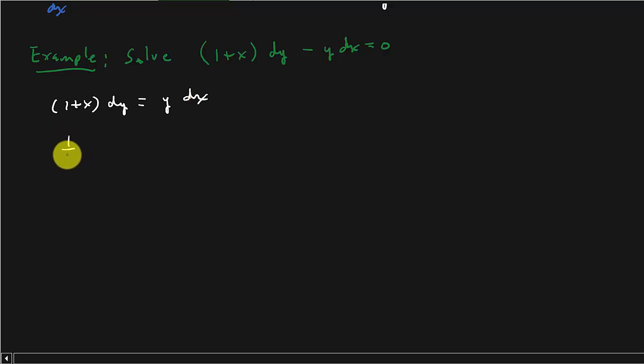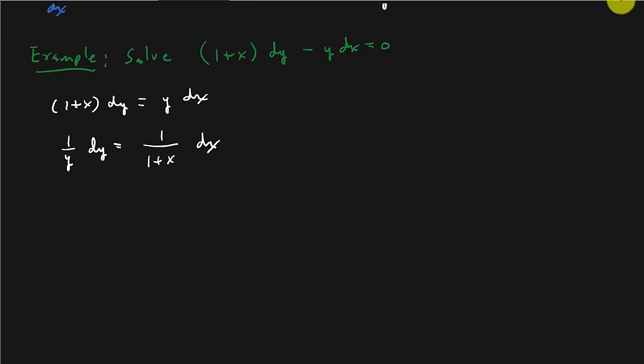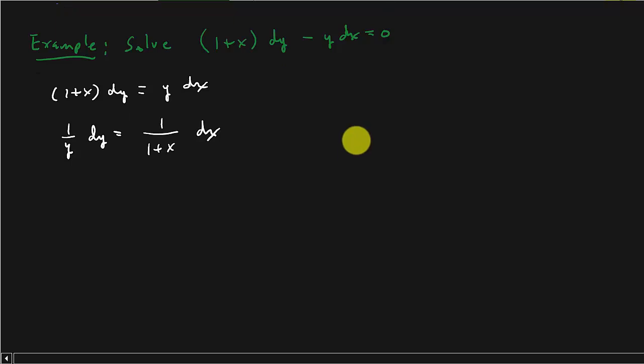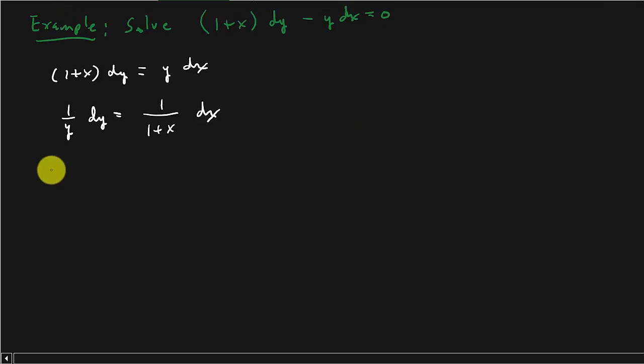And so that's going to give me 1 over y dy equals 1 over 1 plus x dx. All right, so now what we do is we want to integrate both sides.